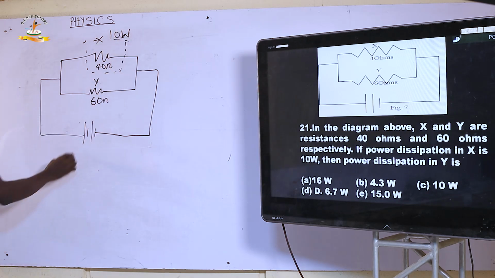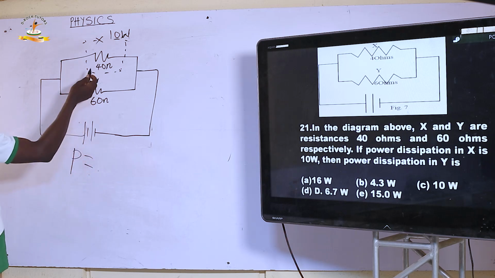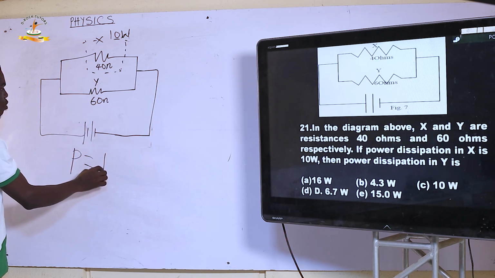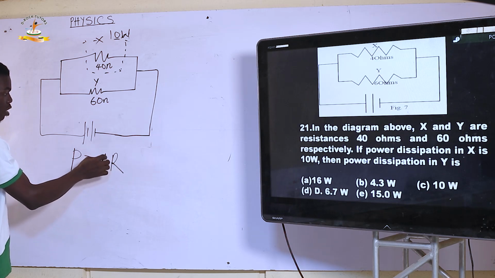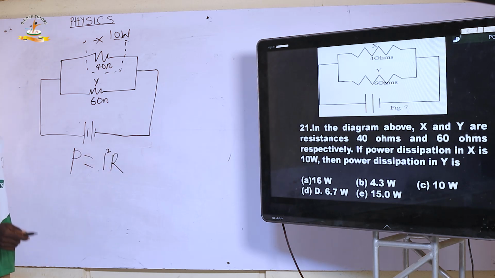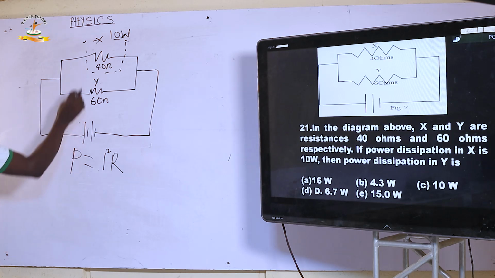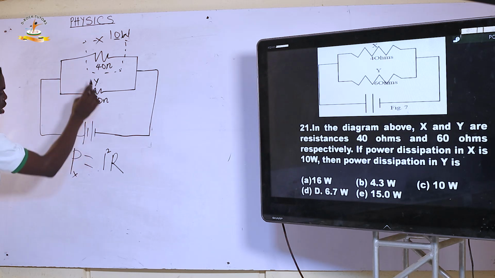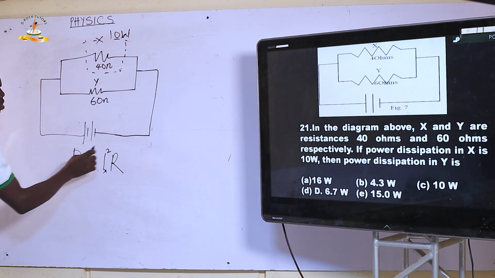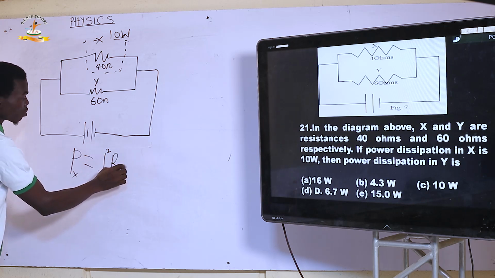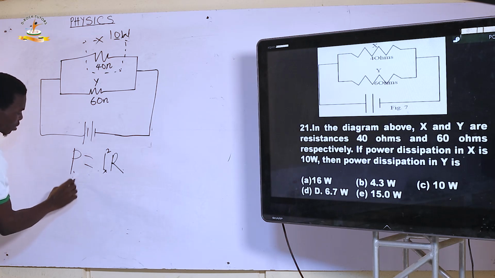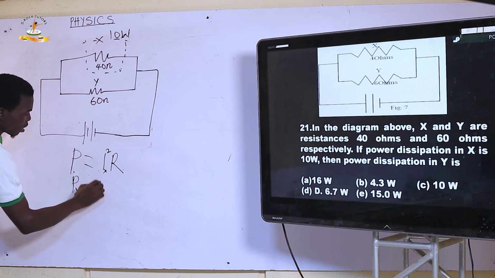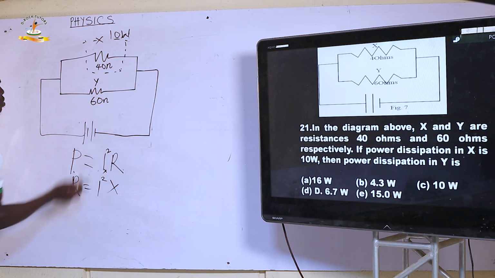In terms of resistance, power is current squared times resistance, so P equals I squared R. So the power of X is the current through X squared times the resistance of X, which is 40.